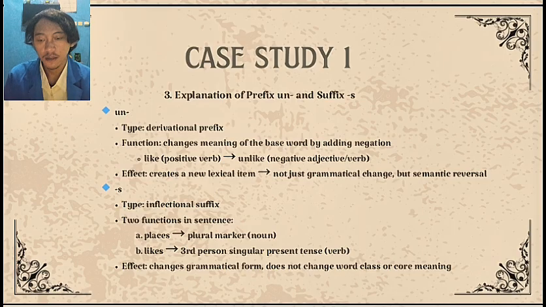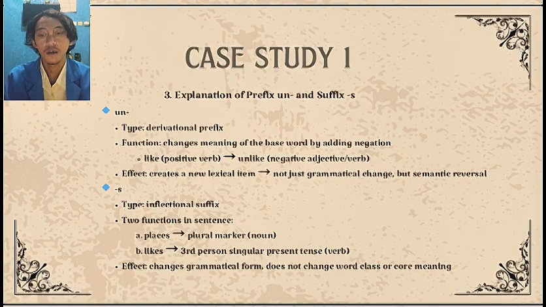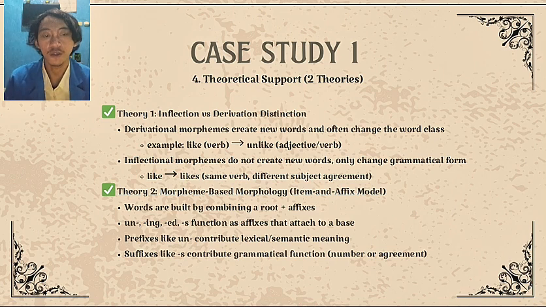The s: the type is inflectional suffix, and its function in a sentence: place becomes plural marker on a noun; likes, third person singular present tense marker on a verb. The effect changes grammatical form, and doesn't change word class or core meaning. The third, theoretical support. There are 2 theories.